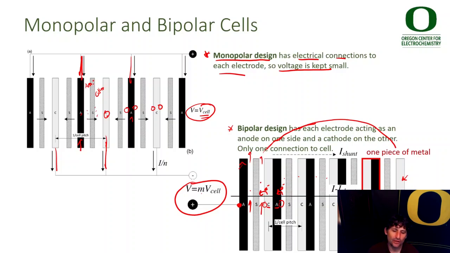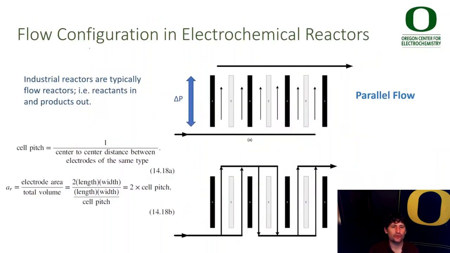Because you're applying such a large voltage, that shunt current, that unproductive current flowing not through your stack of cells, but through an external ionic path, lowers the Faradaic efficiency of these types of designs. So you have to think about how you engineer your balance of plant to keep that shunt current minimized. Let's also talk about flow configurations in electrochemical reactors.